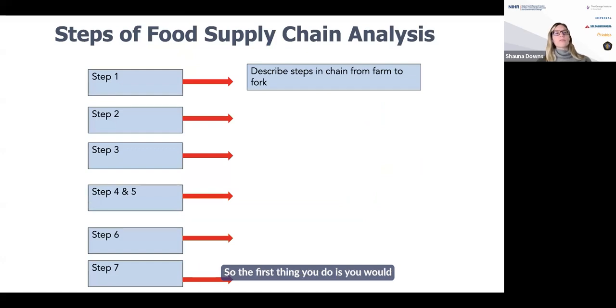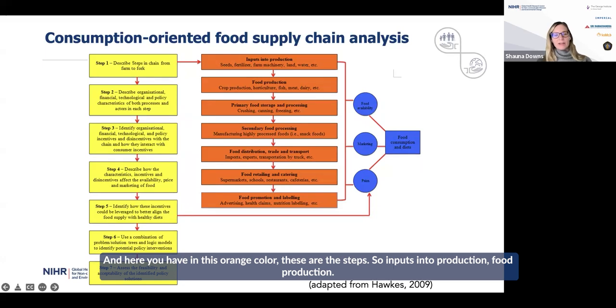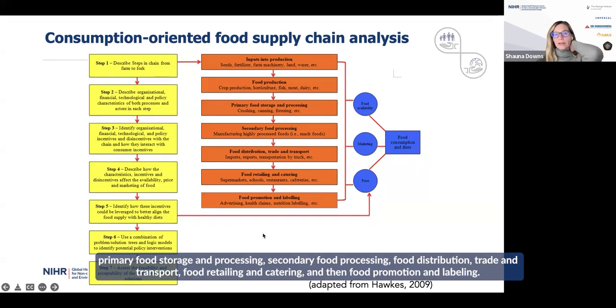So the first thing you do is you would describe the different steps in the supply chain. So from farm to fork. And here you have in this orange color, these are the steps. So inputs into production, food production, primary food storage and processing, secondary food processing, food distribution, trade and transport, food retailing and catering, and then food promotion and labeling.